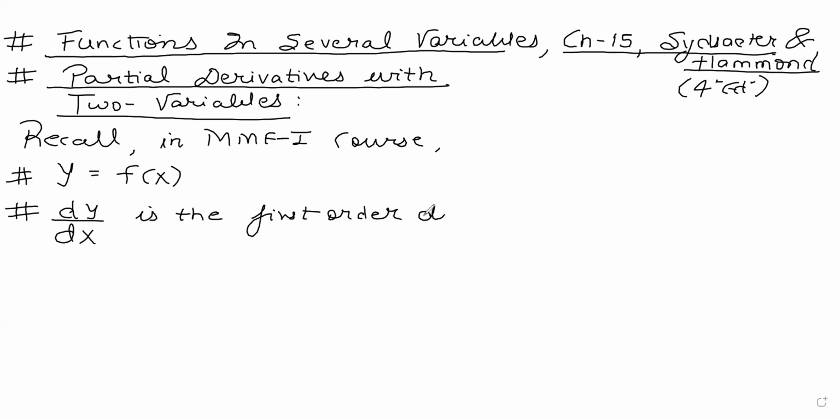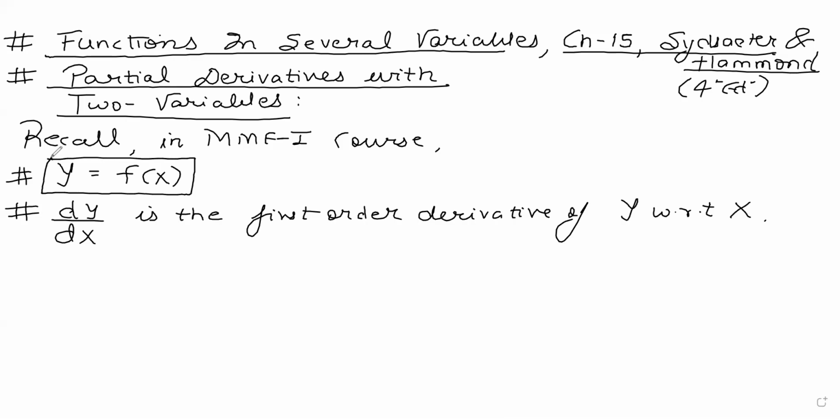Dy by dx is defined as the first order derivative of the variable y with respect to the variable x. This was what we had done in the Mathematical Methods for Economics Part 1 course when we had done single variable optimization. Now, what changes in this particular topic?